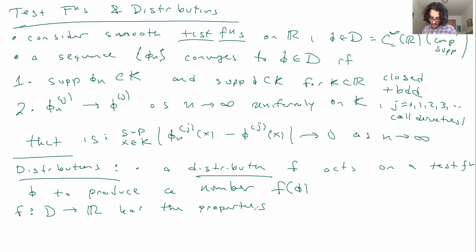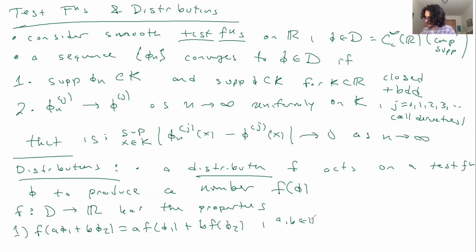And it has the following properties, right? First of all, f of A phi 1 plus B phi 2 equals A f of phi 1 plus B f of phi 2, right? Where here A and B are reals and phi 1 and phi 2, well, these are test functions, right? So we should have linearity, okay?